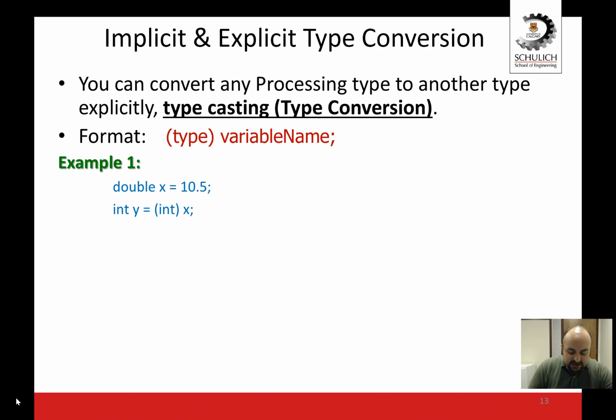Basically, let's say we have double x as 10.5, and we want to store the value of x inside an integer. This cannot happen simply because the double is too large to fit inside an integer.